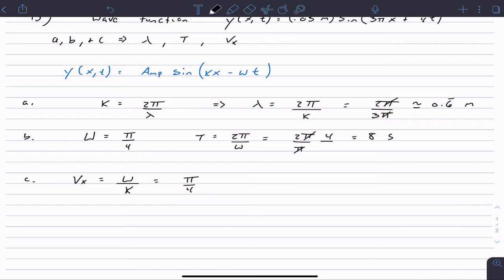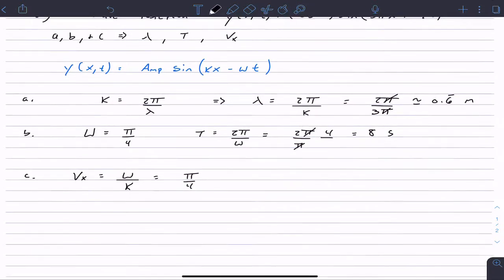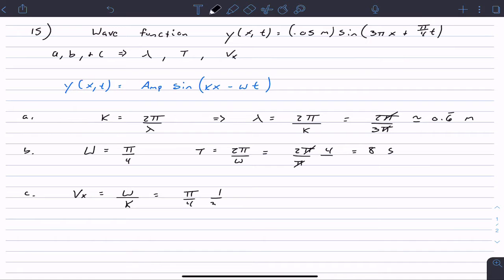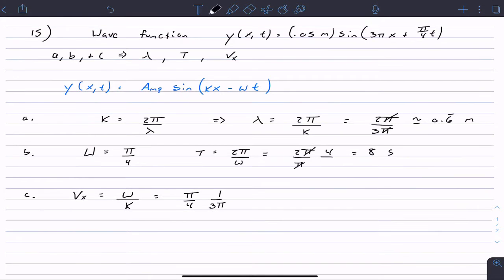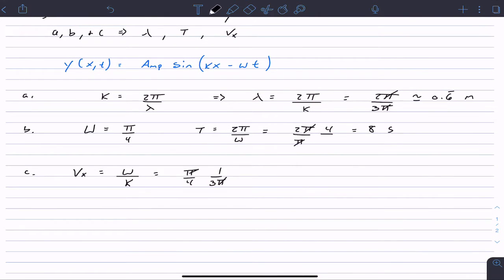Pi over 4, what was k? 3 pi. So 1 over 3 pi. That cancels. You get 1 over 12. That gives you a value of 0.083 meters per second.